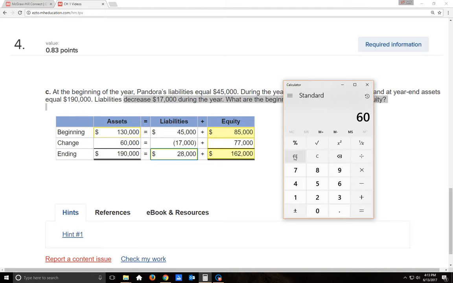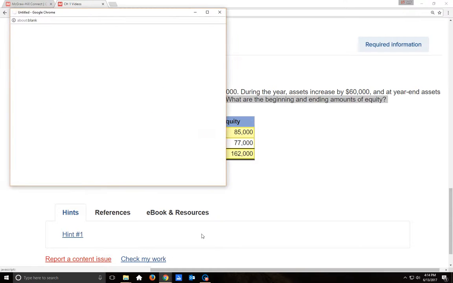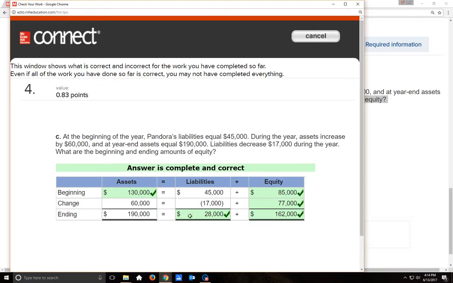Take 60,000 minus the negative 17,000, which is the same as 60,000 plus 17,000, or 77,000. Let's check our work here. And indeed, we received correct answers for all of Part C.